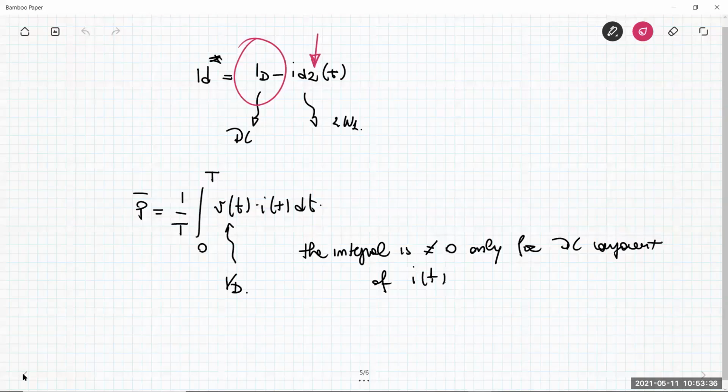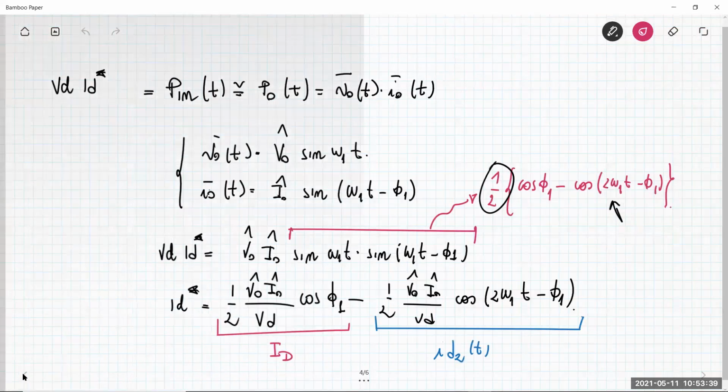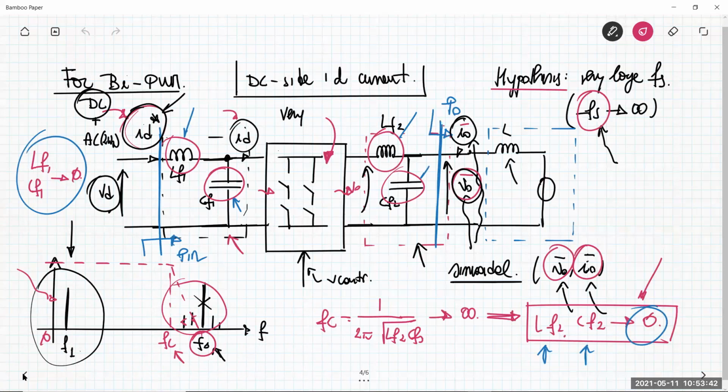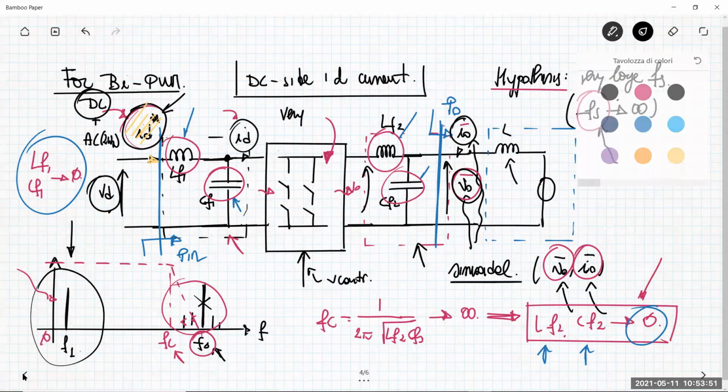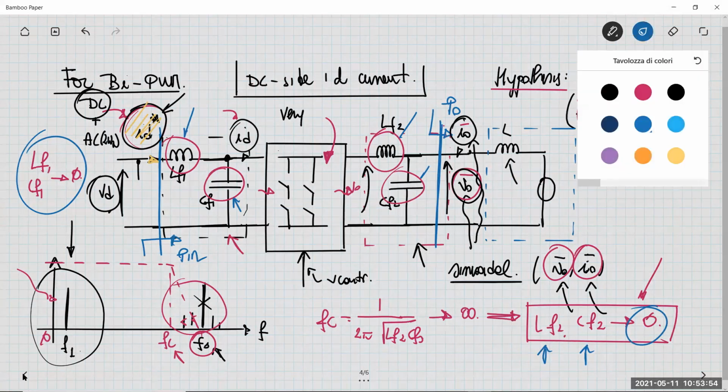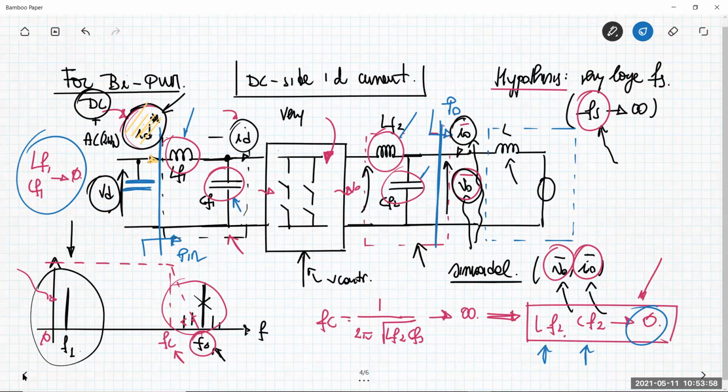Since this current ID is a DC plus IC component, the only way to avoid the IC contribution entering my circuit and providing additional losses is to put here a capacitor, and this capacitor helps in absorbing just the AC contribution here.